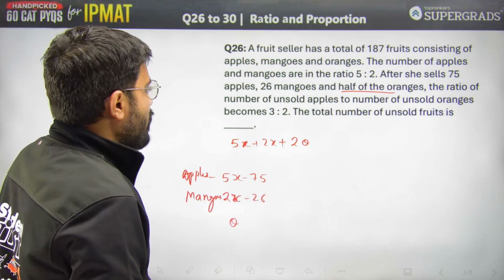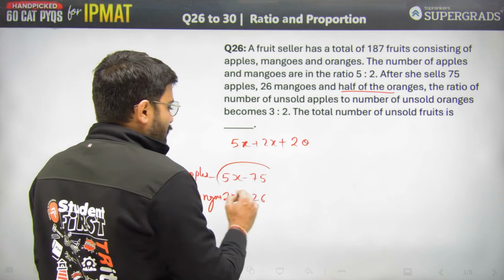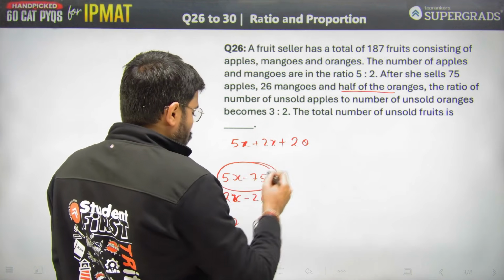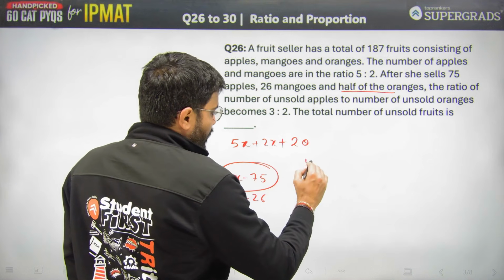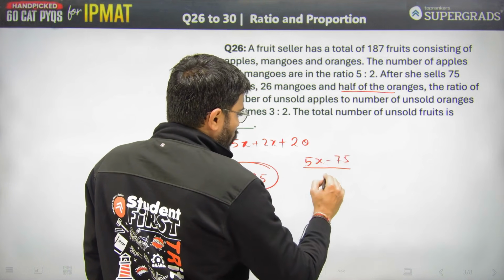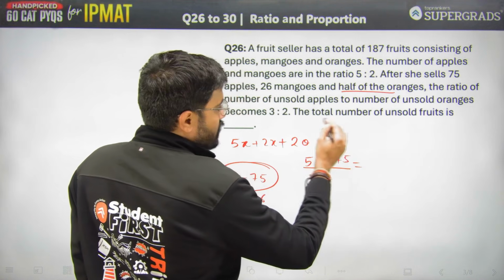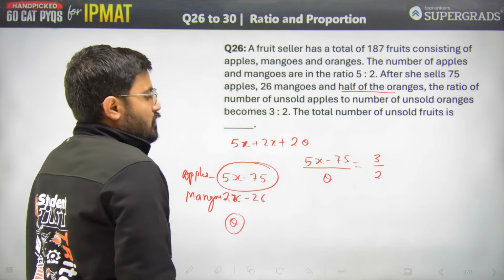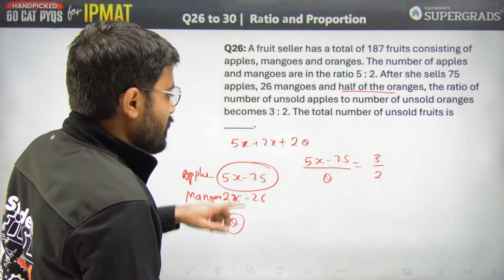The ratio of the number of unsold apples to the number of unsold oranges is given as 3:2. So they are giving me (5x minus 75) upon O is 3:2. This is one equation.